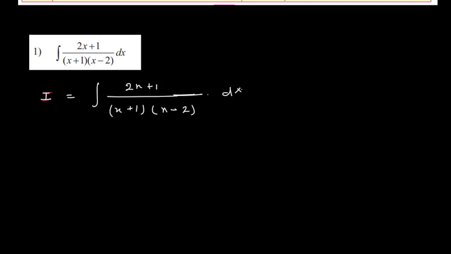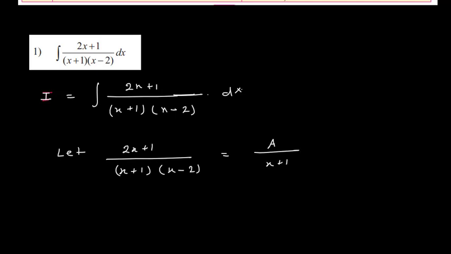So here we say let (2x + 1) divided by (x + 1)(x - 2) be equal to A divided by (x + 1) plus B divided by (x - 2). So we assume that (2x + 1) upon (x + 1)(x - 2) is A upon (x + 1) plus B upon (x - 2).